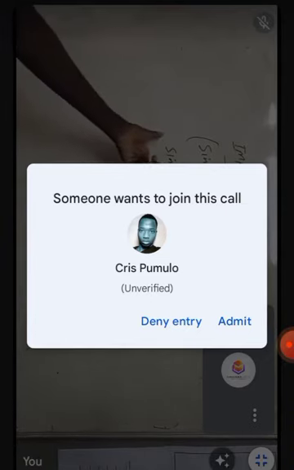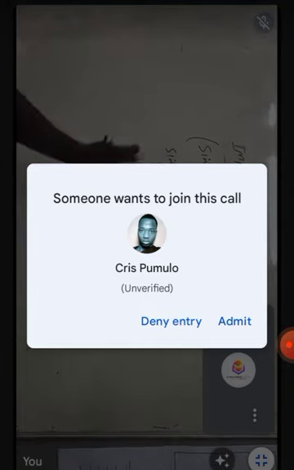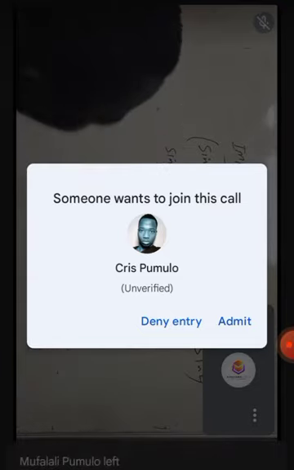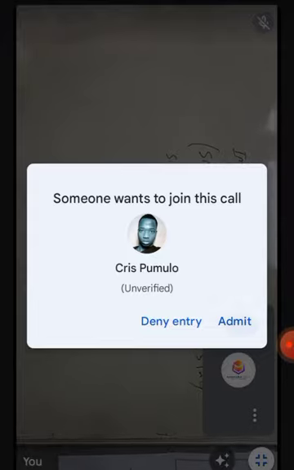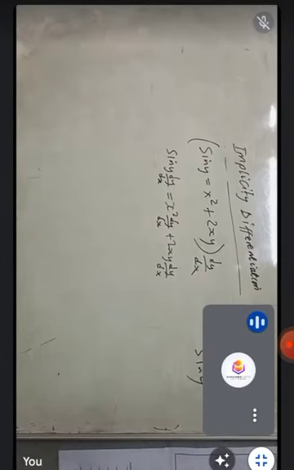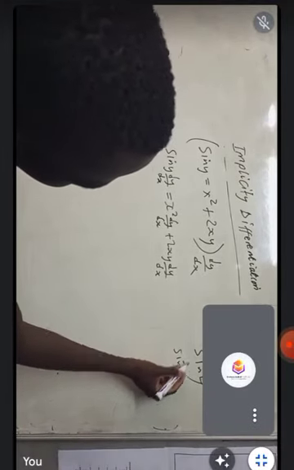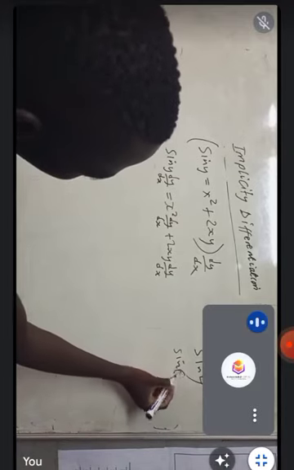So let's start with sine y. For you to differentiate sine y, you are supposed to use the chain rule. We can differentiate sine y separately. So for the differential of sine y, let's replace y by t.